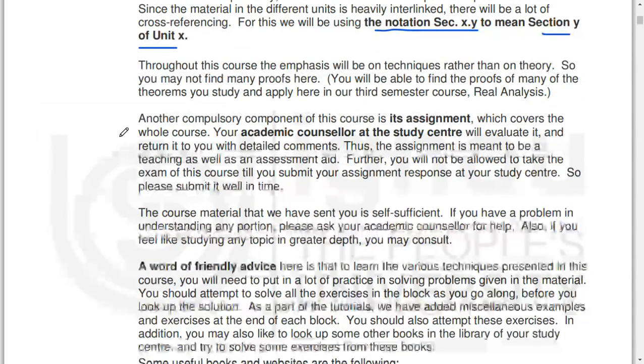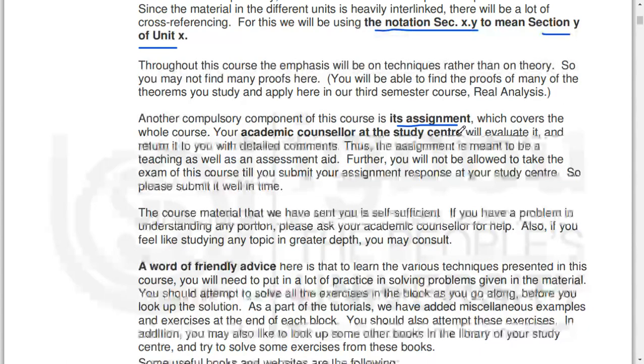Another compulsory component of this course is its assignment, which covers the whole course. Your academic counselor at the study center will evaluate it and return it to you with detailed comments. Thus, the assignment is meant to be a teaching as well as an assessment aid.